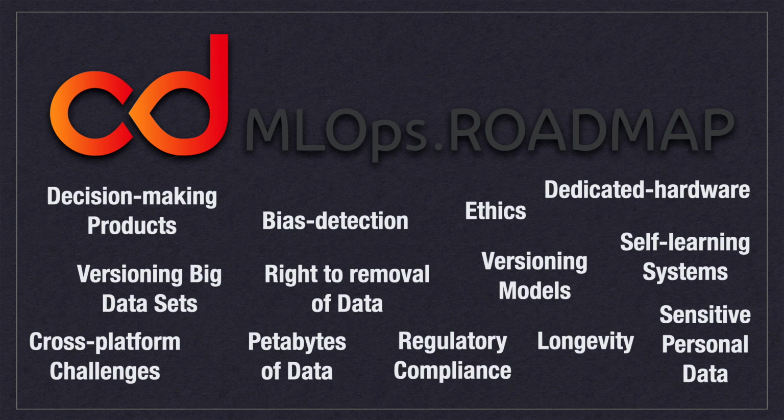And so the implications of a failure are significantly higher than they would be for a conventional piece of software. And that means that we need to move into risk mitigation for challenges like bias, ethics, regulatory compliance.